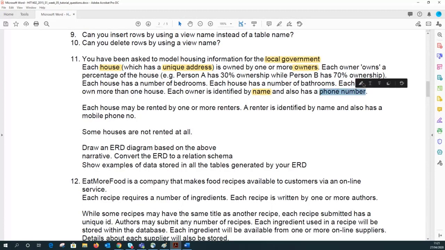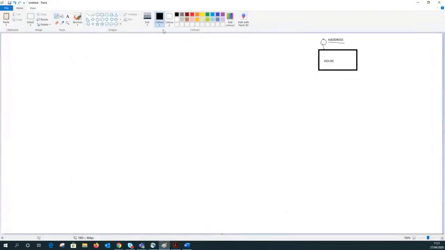So these are basically two attributes which we can allocate to the owner. It looks like a strong entity, because each owner has a probably unique name, or maybe a unique phone number. So let's capture the owner.